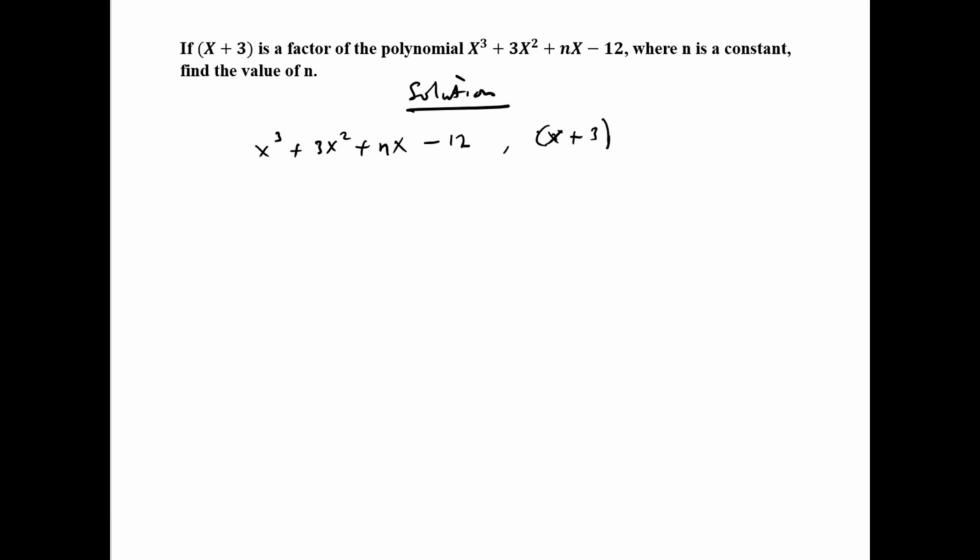It means that if this polynomial is divided by x plus 3, our remainder r will be equal to 0. That's just it, since it is a factor.